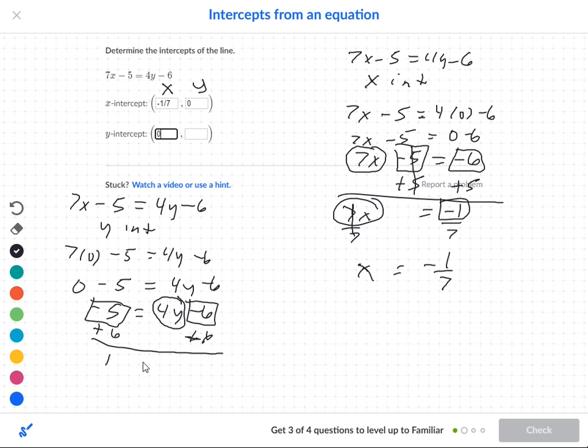This will give me 1, and this is 4y. Box, circle, divide both sides by 4, cross out, so I get 1/4 is now equal to y. So 1/4. So I have negative 1 over 7 and 0 for the x-intercept, and I have 0 and 1/4 for the y.